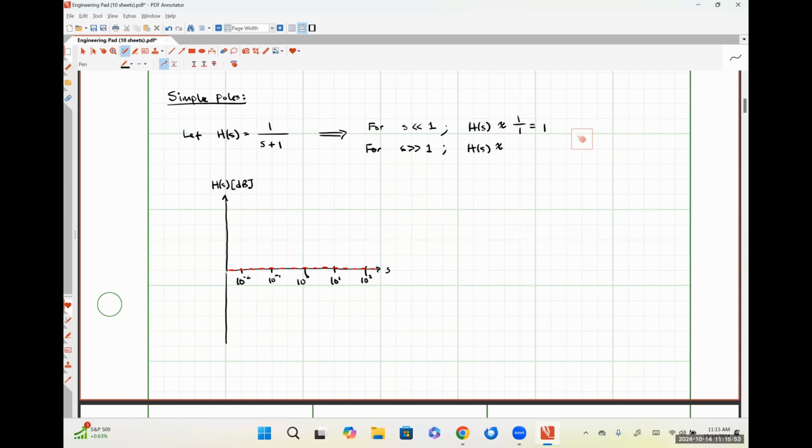So it's going to look approximately like 1 over s. So when I have 1 over s, remember that that is going to look something like this.